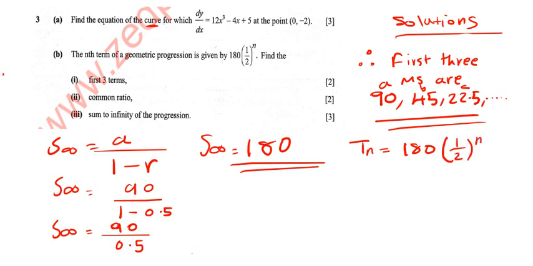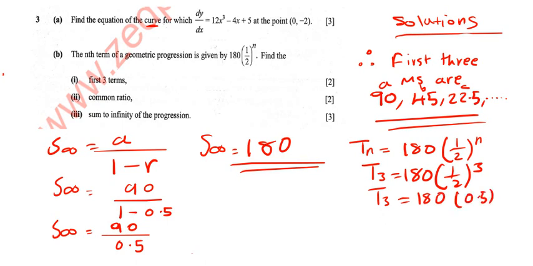For the third term, n is 3, which symbolizes the third term. Now it is 180 open bracket 1 over 2 to the power 3. This is how we found it, and then we simplified this. We said t3 is equals to 180 open bracket 0.5 to the power 3.